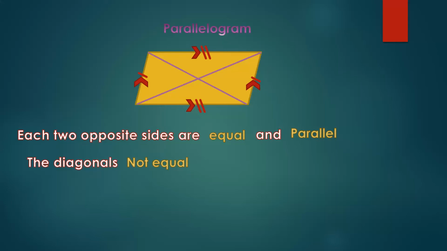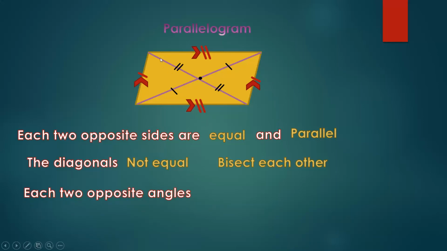And they bisect each other. This is the common property for all diagonals in the quadrilaterals. The point of intersection means this part equals this part, and this part equals this part.